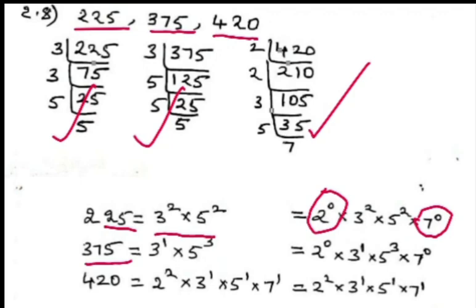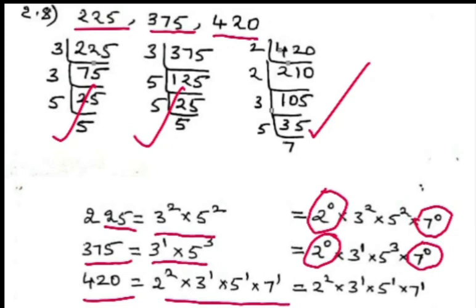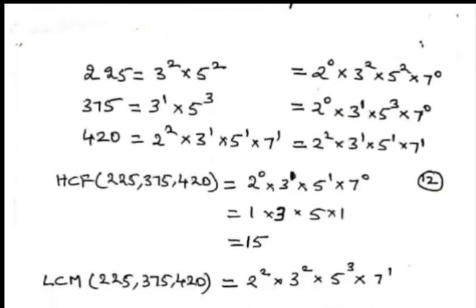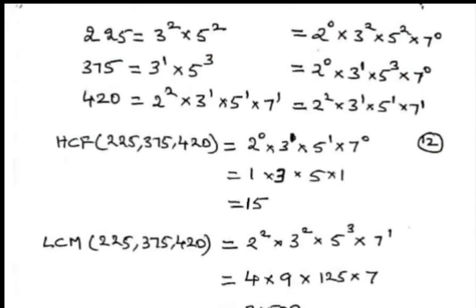In 375, 3 and 5 are the prime numbers, and the prime number 2 is missing, so 2 power 0 is written, and 7 is also missing, so 7 power 0 is written. Now in 420, all the prime numbers 2, 3, 5, 7 are available.